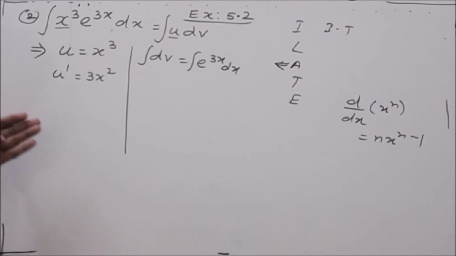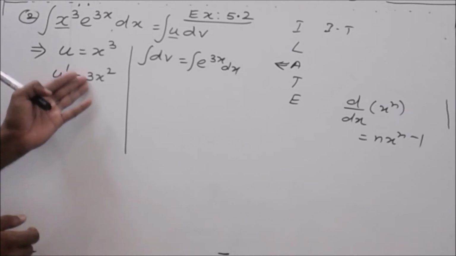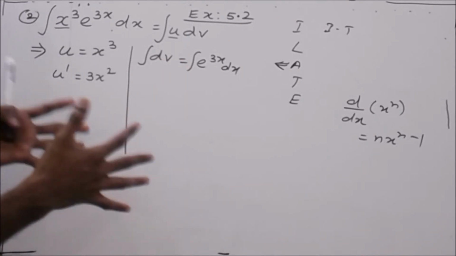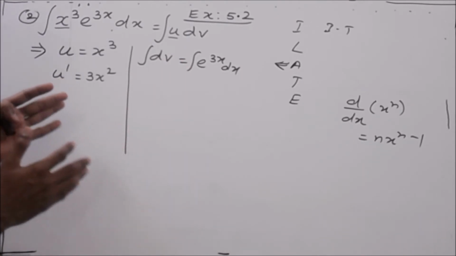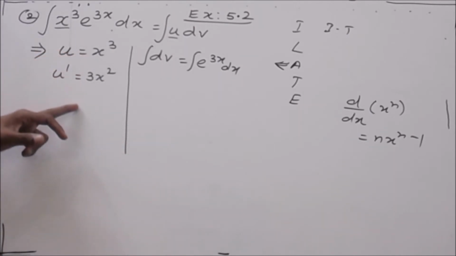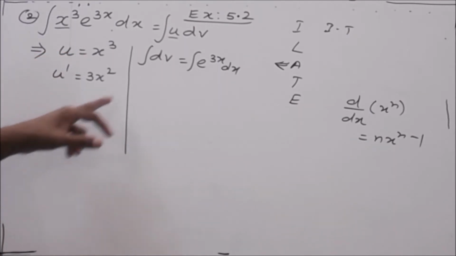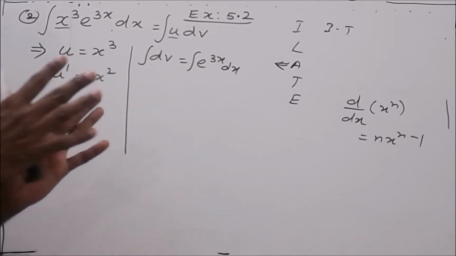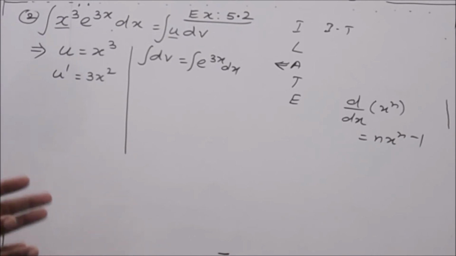For these types of cases, we are applying consecutive differentiation here and repeated integration here. You need not get confused by these types of problems, so do it very carefully. Here we are doing successive differentiation, here repeated integration. The differentiation and integration formulas will vary according to the functions.